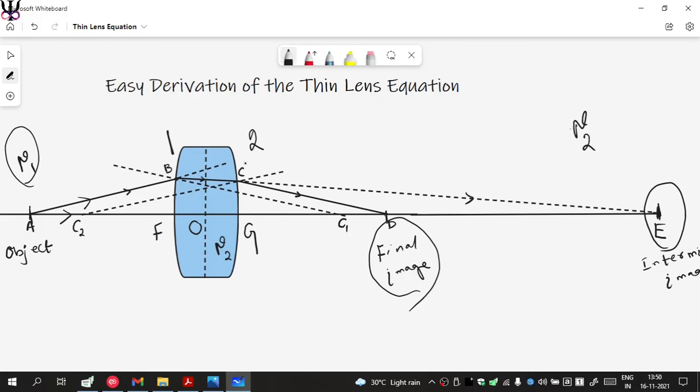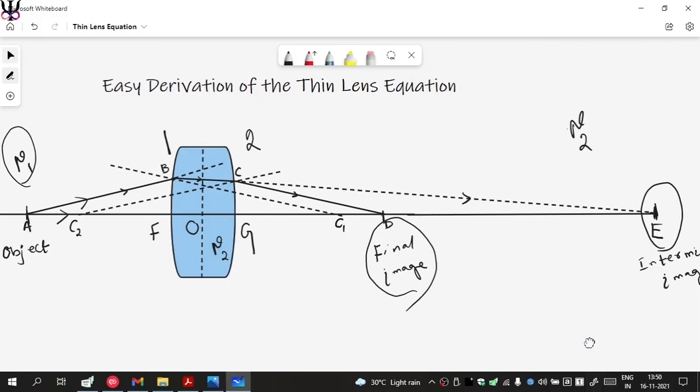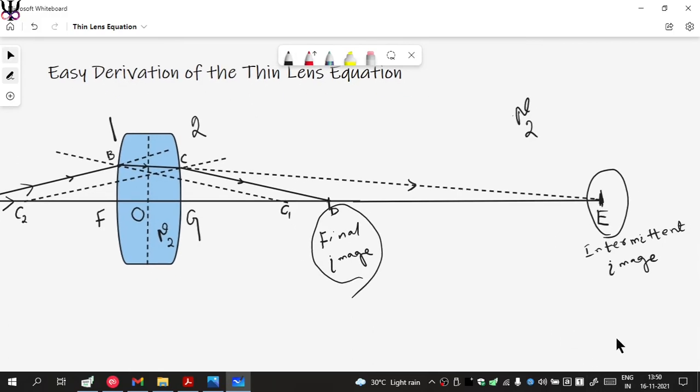If there is no second interface, then medium mu2 will be in continuation. So the intermittent image E becomes the object for the second refraction. The incident ray goes from medium 2, hits at C, and then somehow it makes the final image.